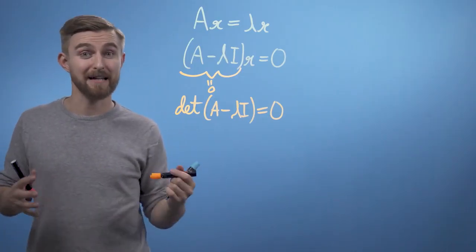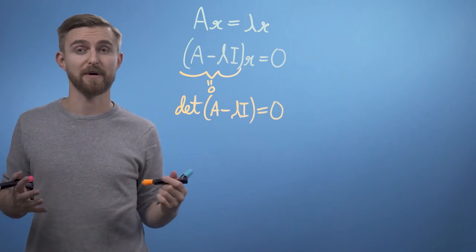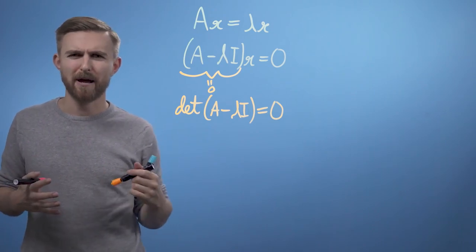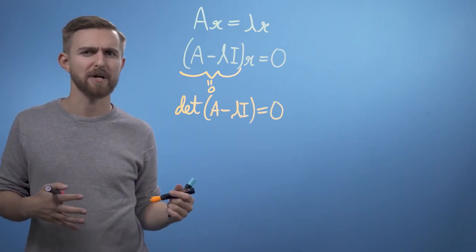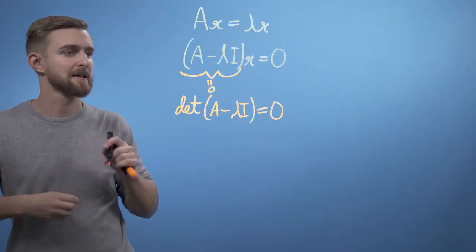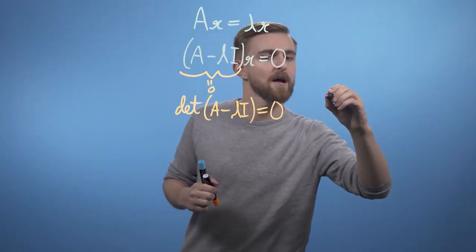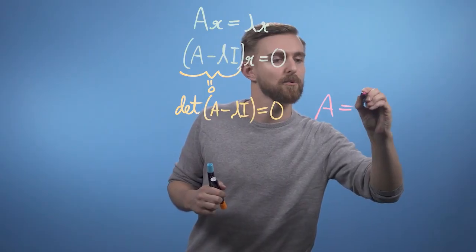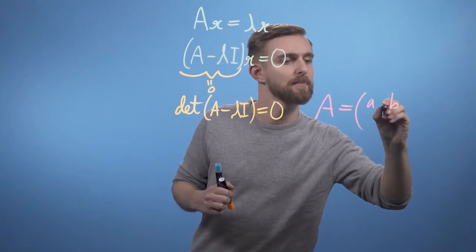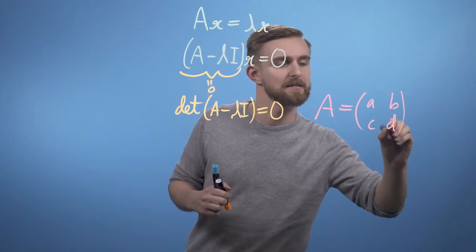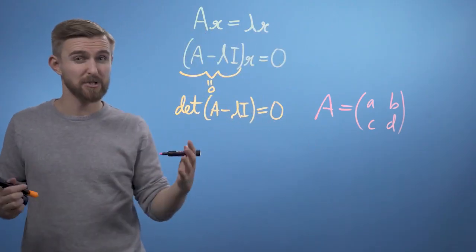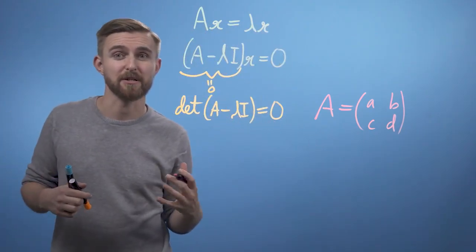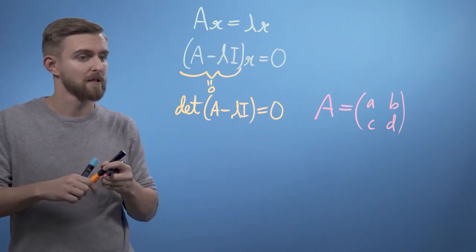Calculating the determinants manually is a lot of work for high-dimensional matrices. So let's just try applying this to an arbitrary 2x2 transformation. Let's say A equals (a, b, c, d). Substituting this into our eigenfinding expression gives the following.